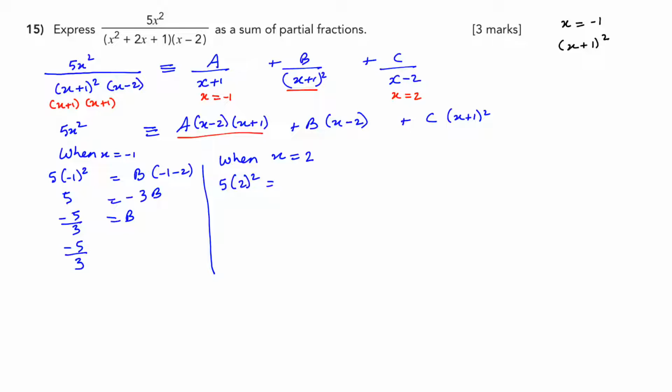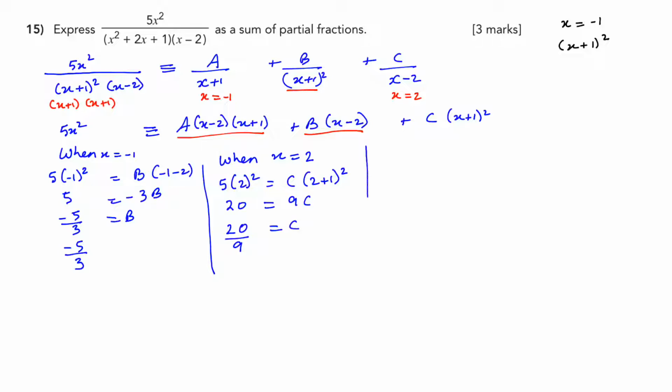Therefore, we are not going to use A. 2 minus 2 is 0, 0 multiplied by everything is 0, so B is also cancelled. We are left with C. You will get 20 is equal to 9C. So 20 divided by 9 is your C.